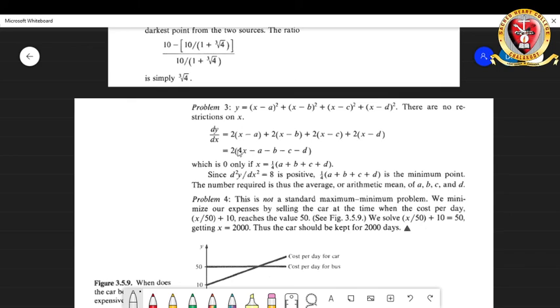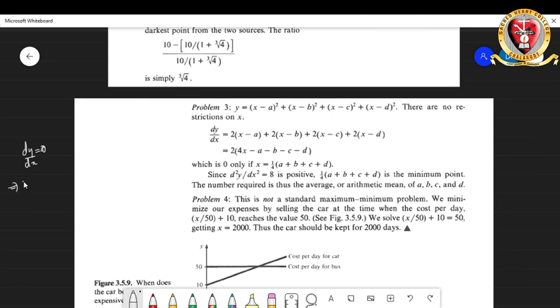So you have 2 into x minus a plus 2 into x minus b plus 2 into x minus c plus 2 into x minus d. When you simplify it, you get 2 into 4x minus a minus b minus c minus d, and equate it to 0.